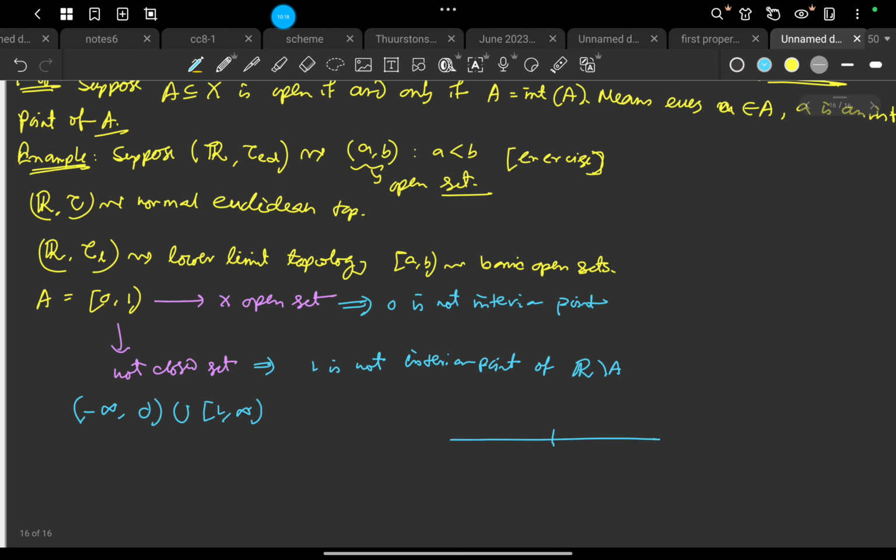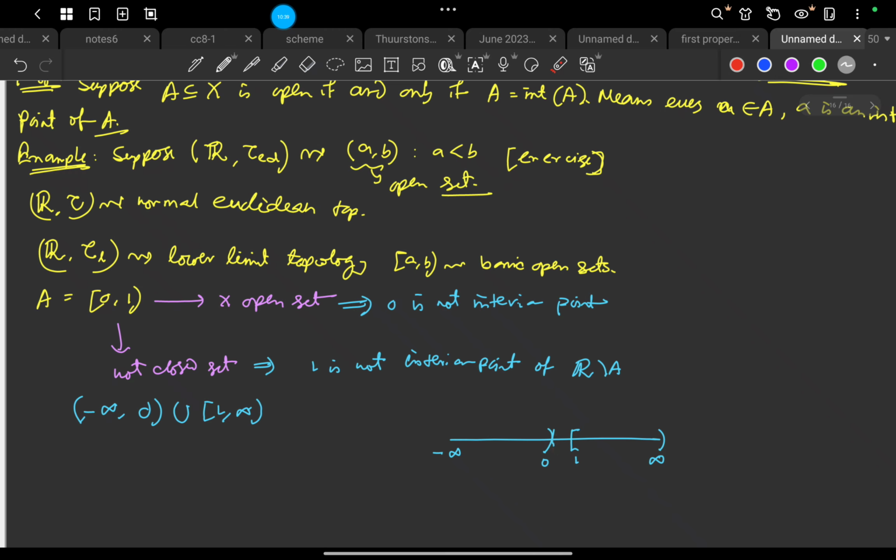Basically it is up to here, and 1 up to here, this region and this region. So whatever neighborhood you choose around 1, a particular region will be outside of this set.